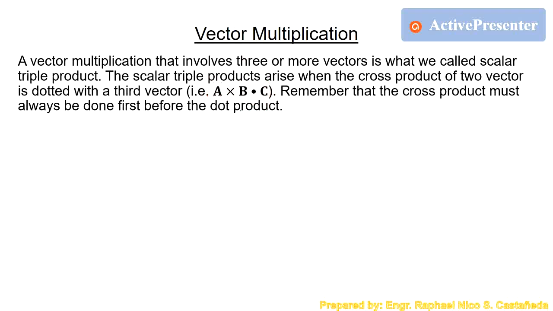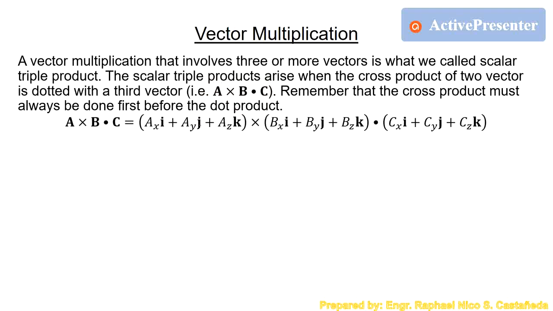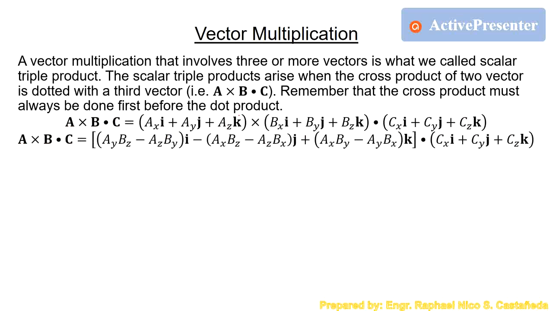So the formula will look like this. If we perform the cross product of these two vectors, then dot it to the third vector, which is vector C. Performing the cross product first, it will look like this.